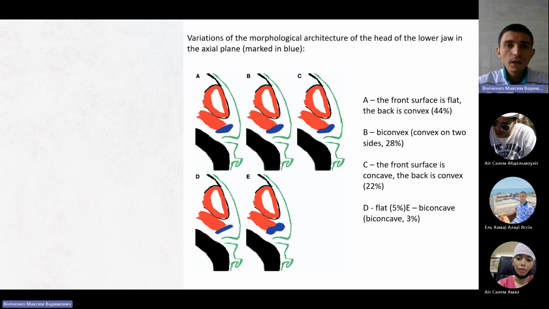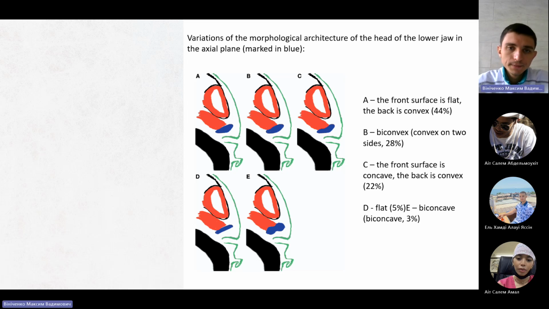Variations of the morphological architecture of the head of the lower jaw, but in the axial plane. The axial plane we see marked with a blue color. The most common anatomy in the axial plane of the head of the lower jaw we could see on picture A, which is marked with a blue color.